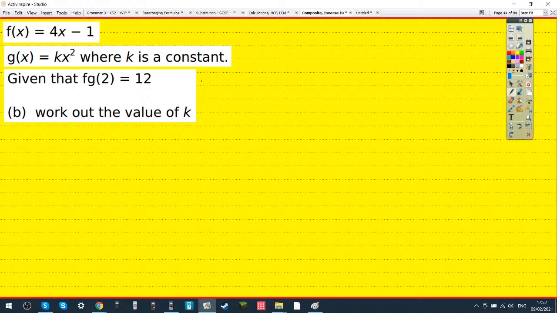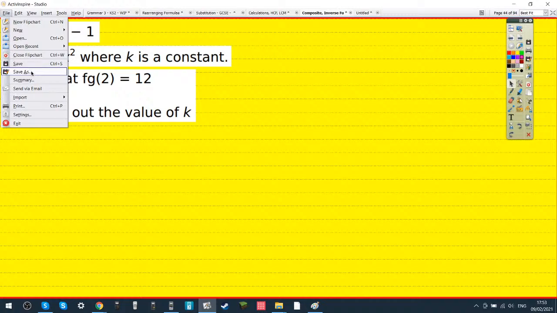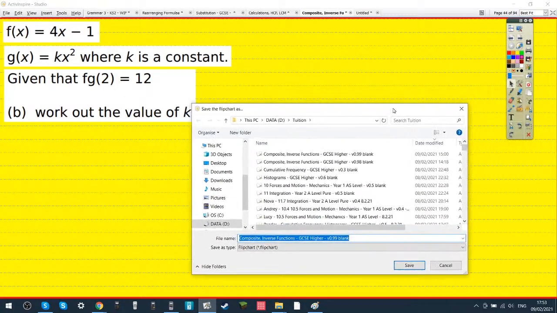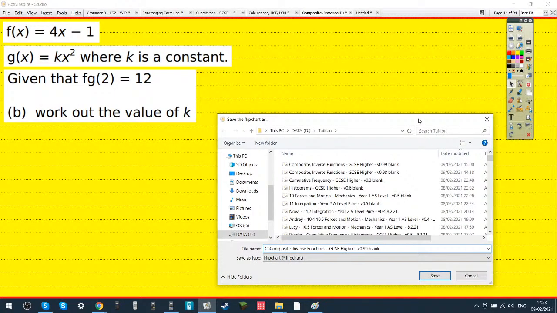So fg of 2 equals 12. We have to start off with g. So k times x squared. What is x? So x is 2.